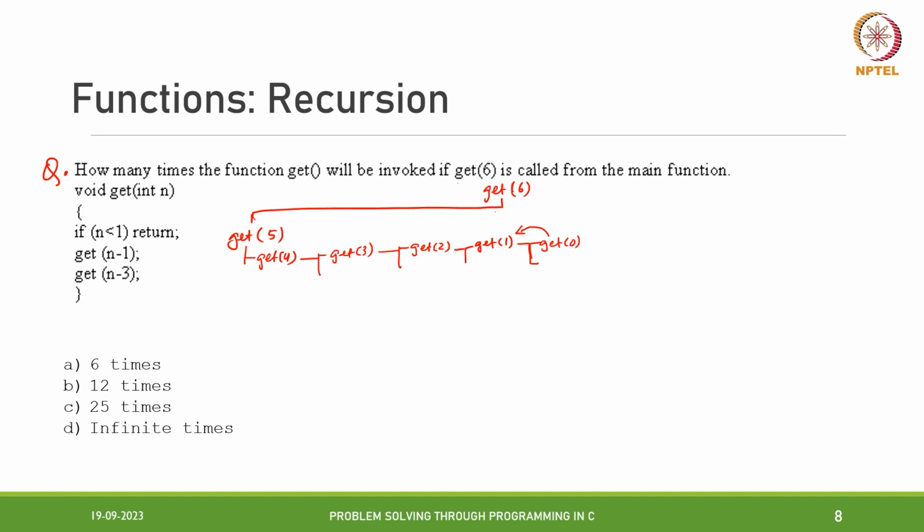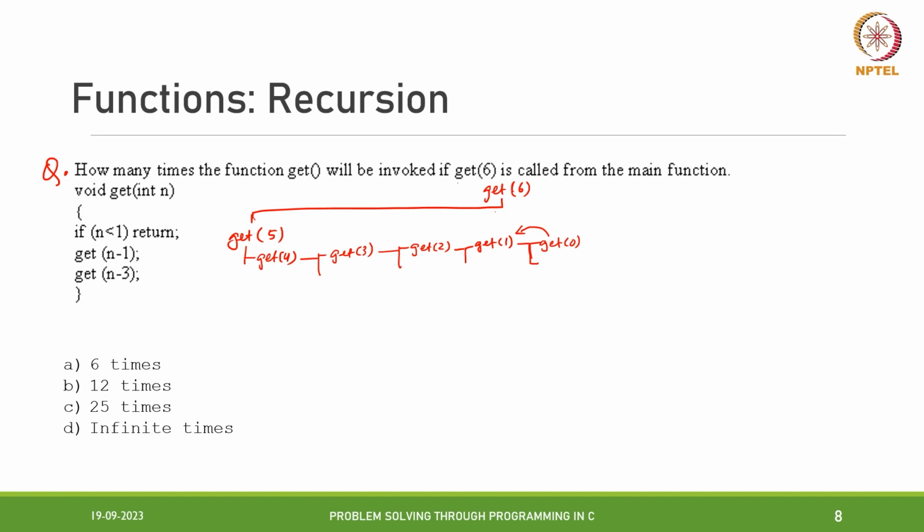If n is less than 1, only then it will return 0. Otherwise it will go to the next statement and call get with a value of n minus 1, and then after this part is done, it will call get with a value of n minus 3.